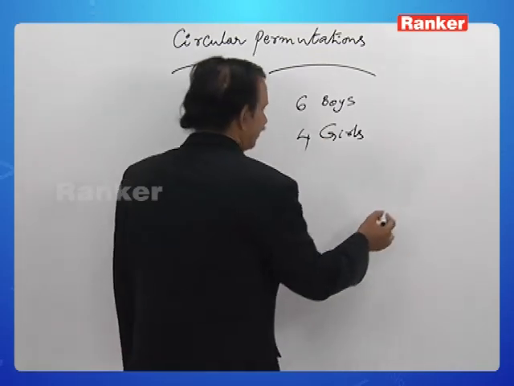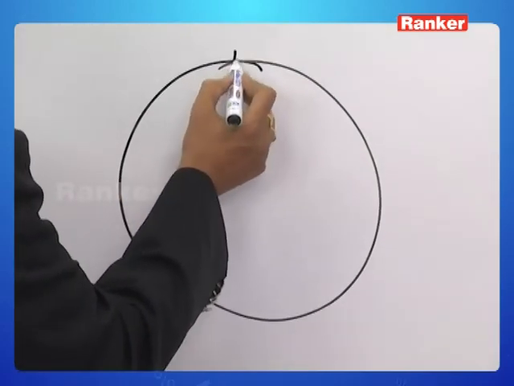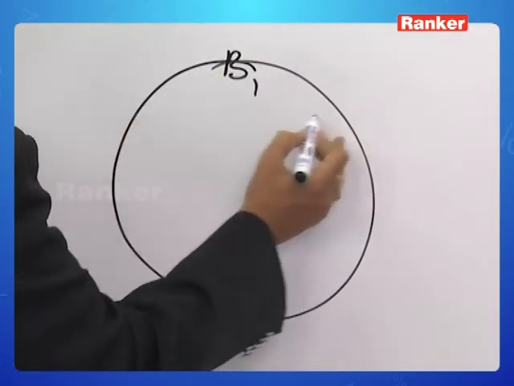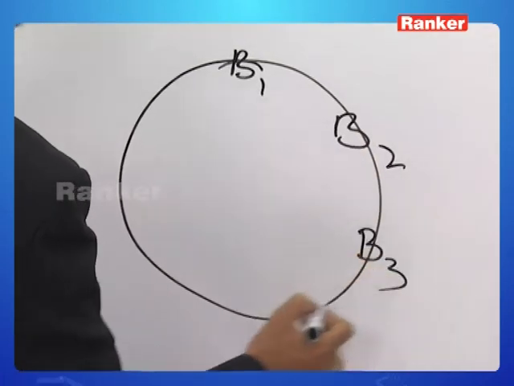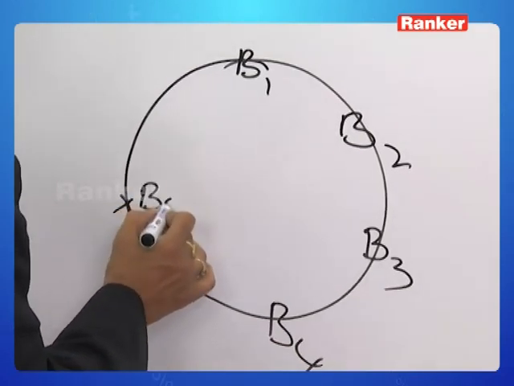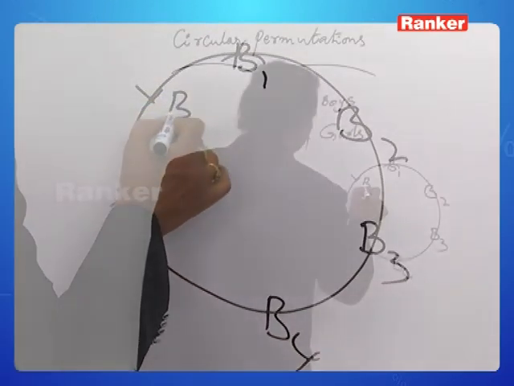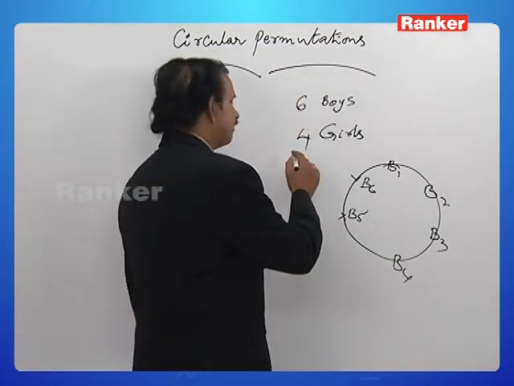Let us first arrange all the 6 boys around the circle. First boy, second boy, third boy, fourth boy, fifth boy, sixth boy. Then there are 4 girls.